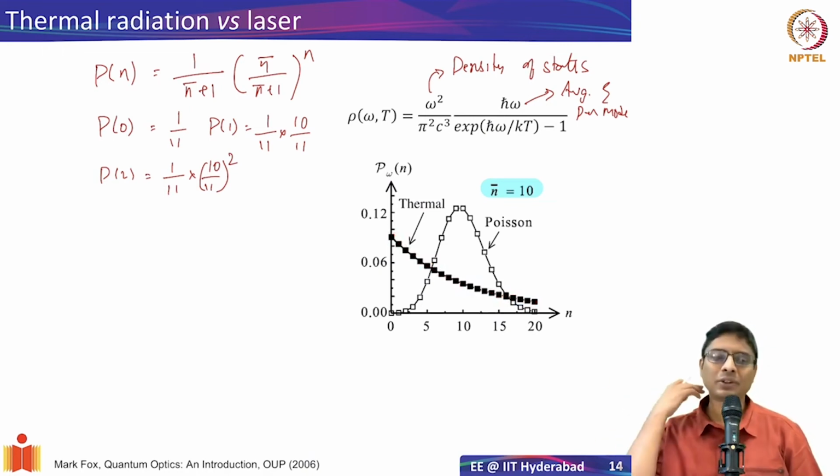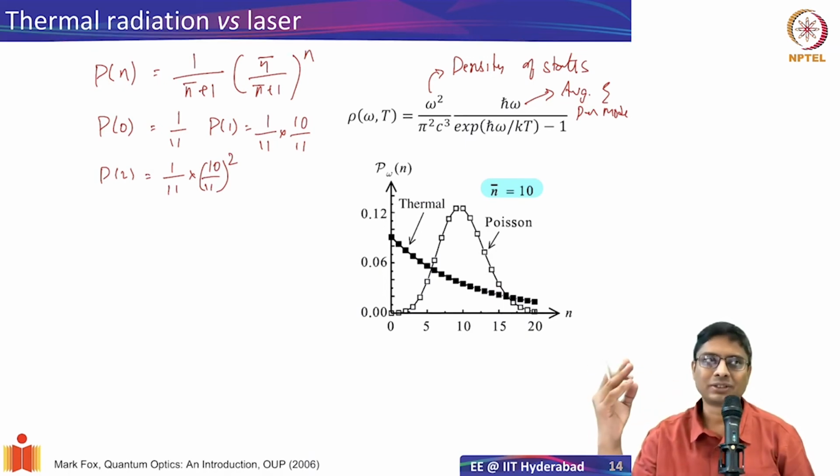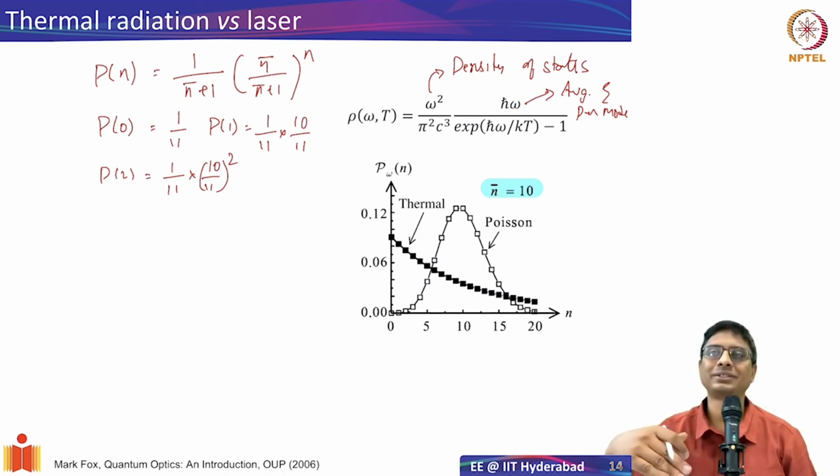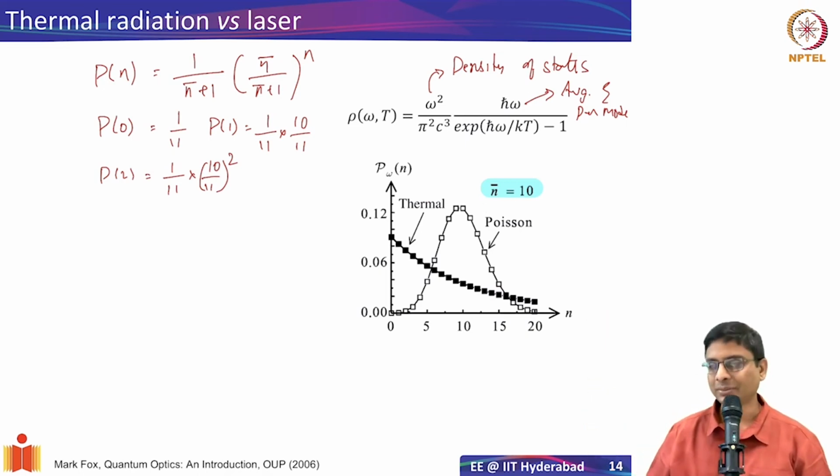And that also makes sense because in Bose-Einstein statistics, you have a distribution of photons. Bosons tend to occupy the lowest energy levels. The probability of finding bosons at the higher energy levels is small. So that's why 0 photons has the maximum probability and it reduces quickly.